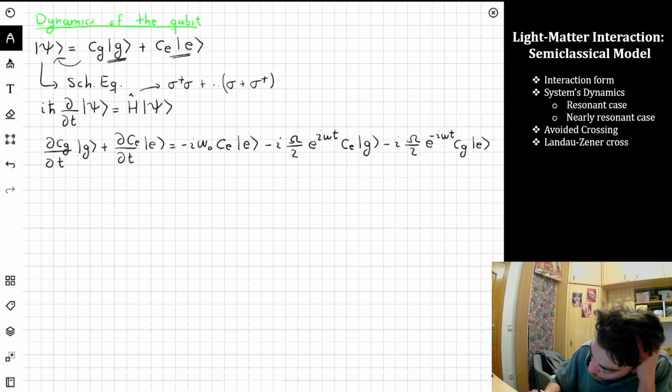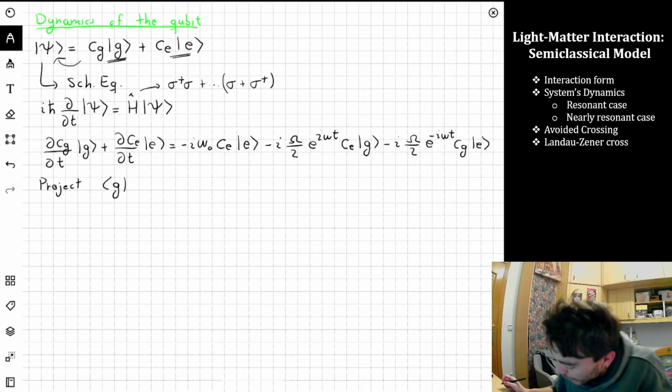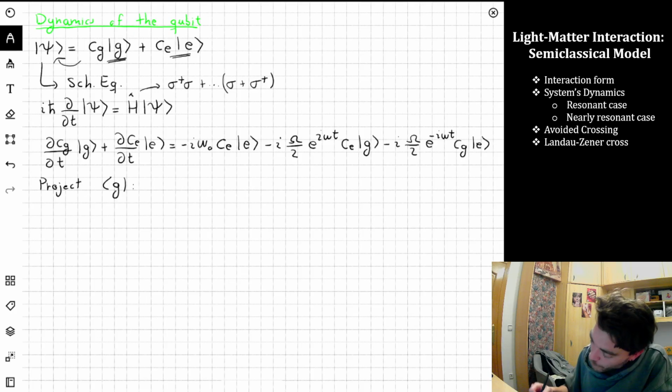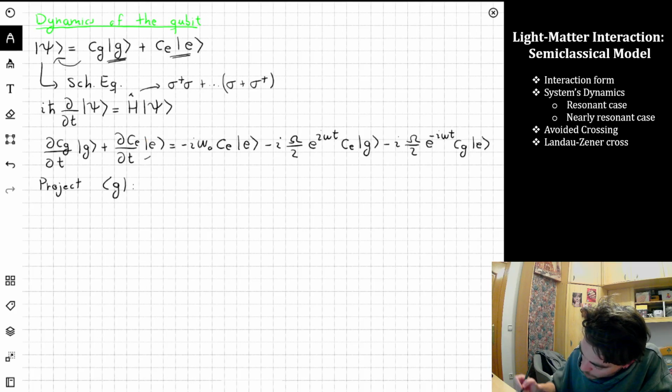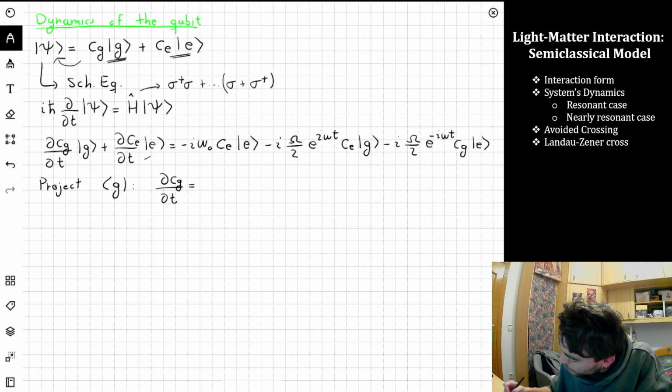Now what we can do in order to decouple them is to project. So we can apply g from the left, so the bra. If we apply it, obviously, for example, this second term will cancel. So what we will have is the derivative of Cg with respect to time, and that's all. And here this is 0, this is also 0.